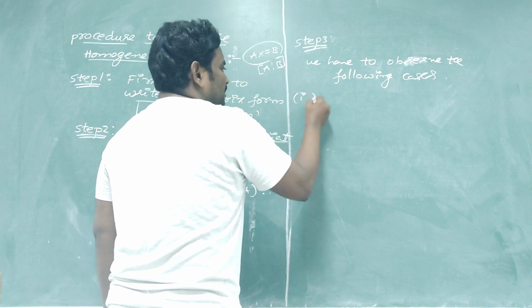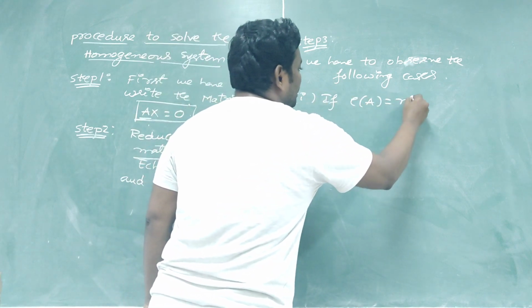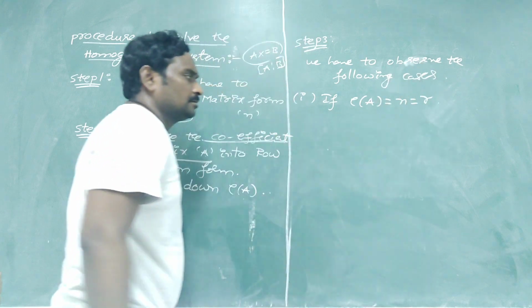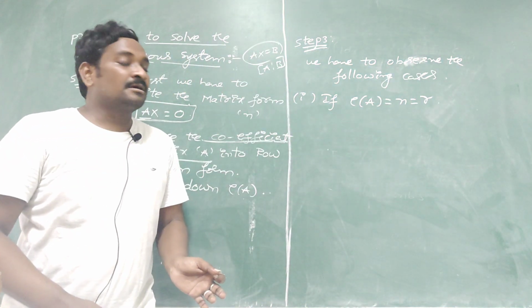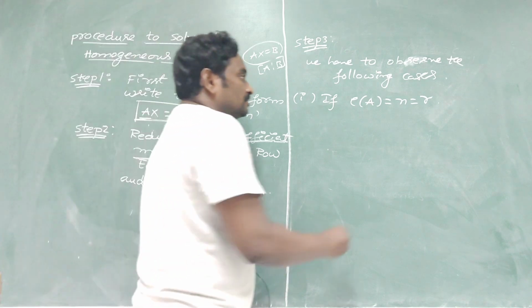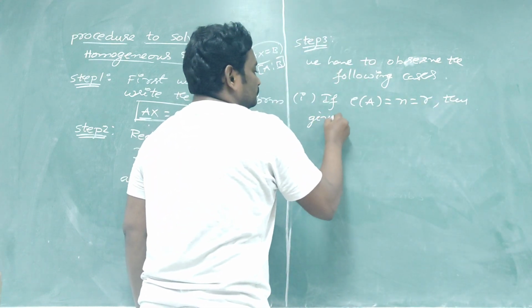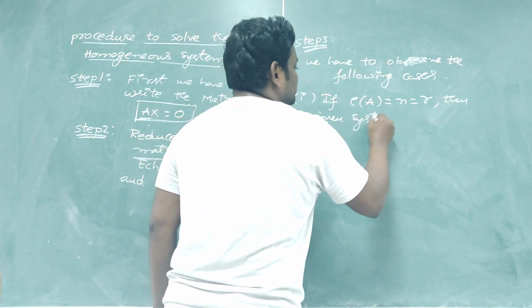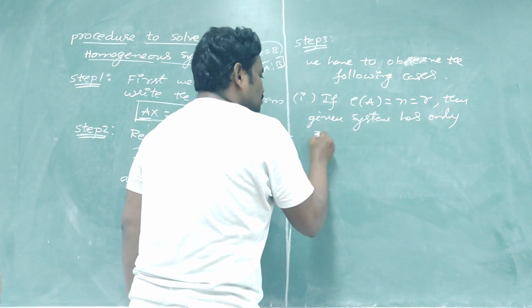First one: if rank of A is equal to the number of unknowns, which is n, then the given system has only the zero solution.